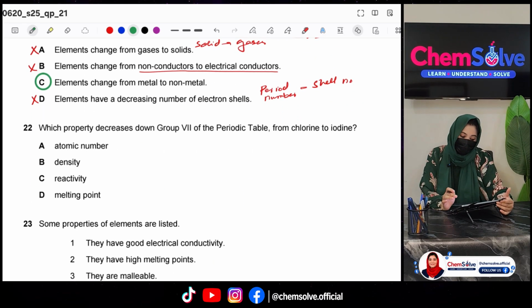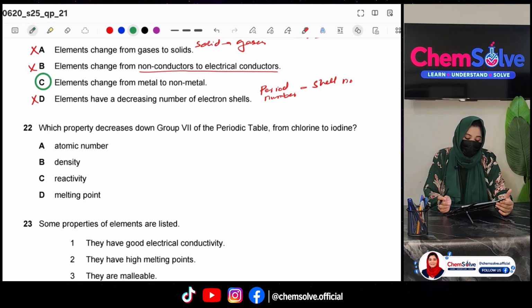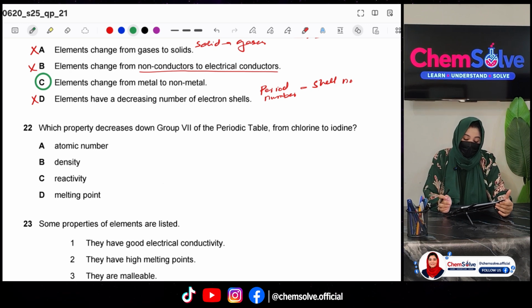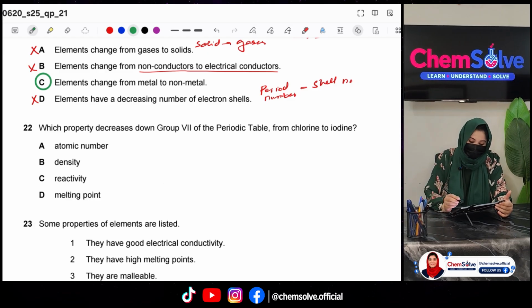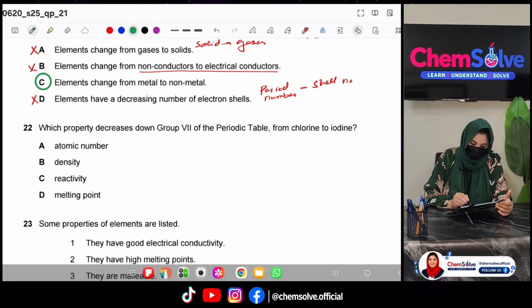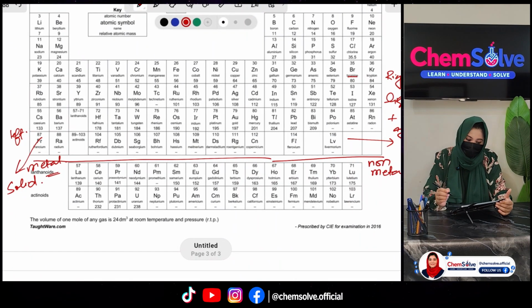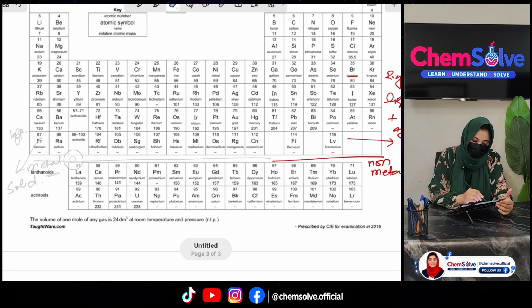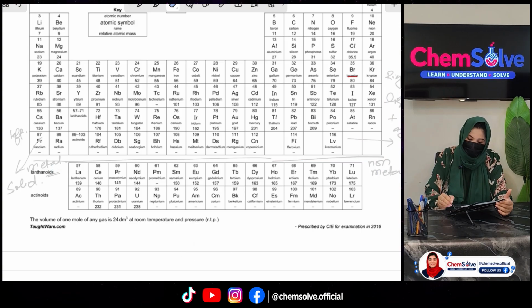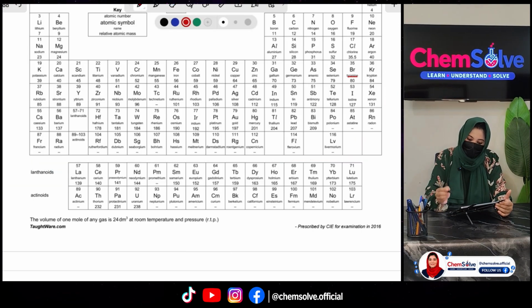Okay, so next question is question number 22. Which property decreases down group 7 of the periodic table from chlorine to iodine? Let's see. If we look at the periodic table, this is group 7.